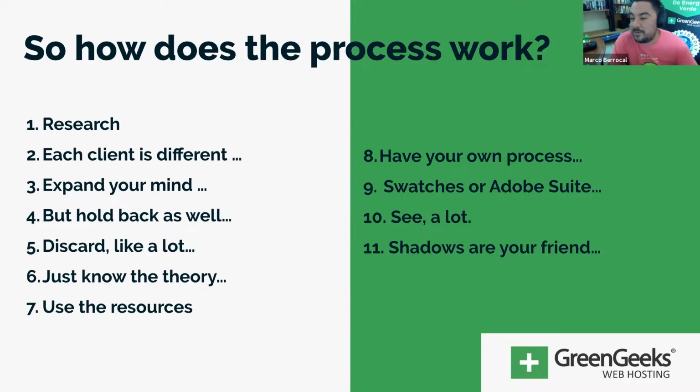Or if you're doing your website for your own, you feel safe knowing that you put some theory behind the process. And if a friend of yours or a customer of yours says, I don't like this color, well, you have at least some inner peace knowing that you did the research and you did the work in order to get to that particular color. So just know the theory, and that's that.